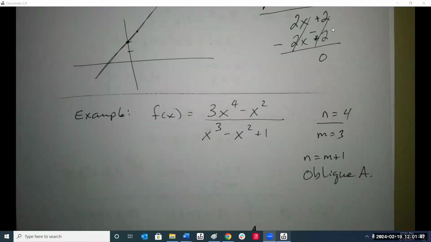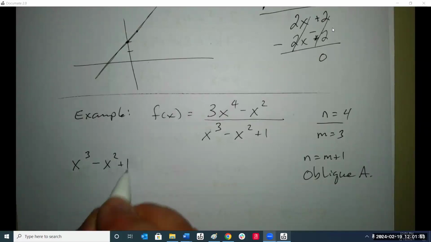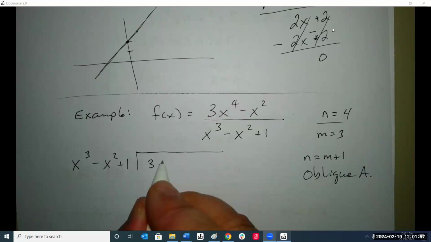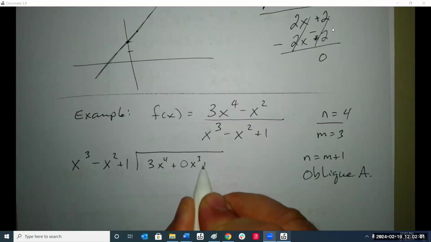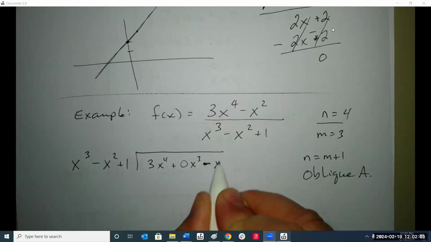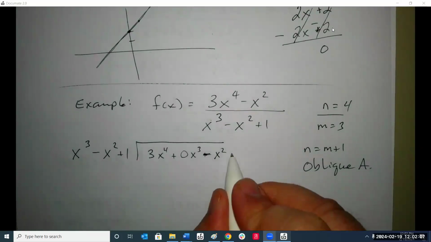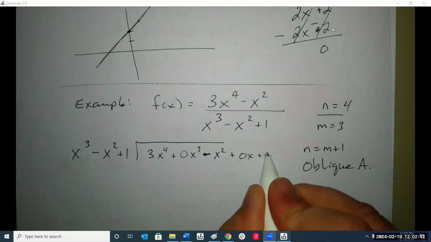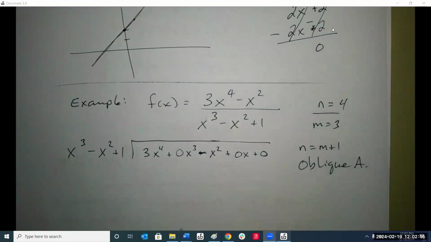So in order to find it, we take the bottom and do long division. We need all the zeros in there.